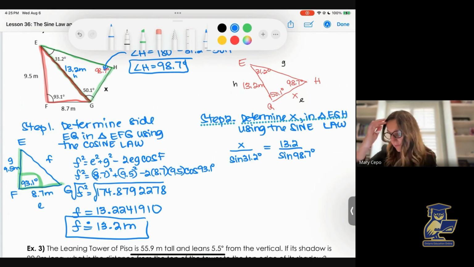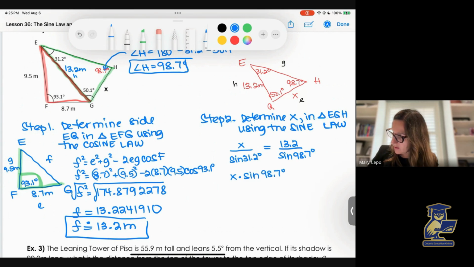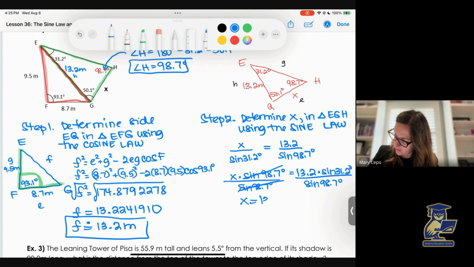And then cross multiplying, we would say X times sine of 98.7 degrees is equal to 13.2 times sine of 31.2 degrees. Divide this by sine of 98.7 degrees. X is equal to 13.2 sine of 31.2 degrees all over sine of 98.7 degrees.